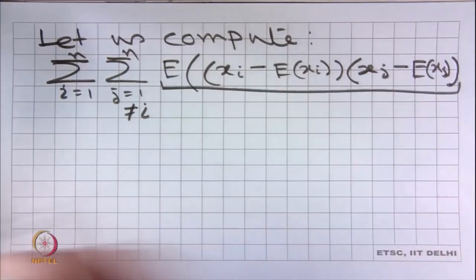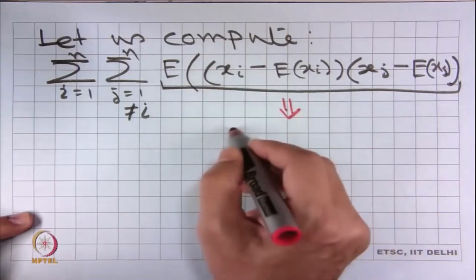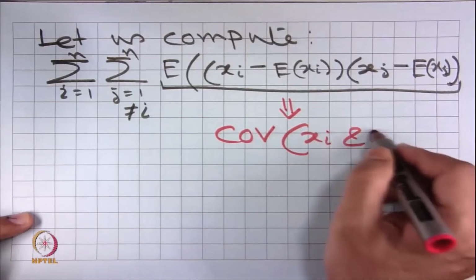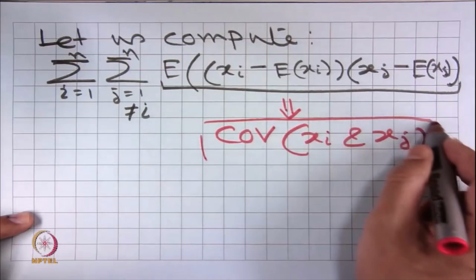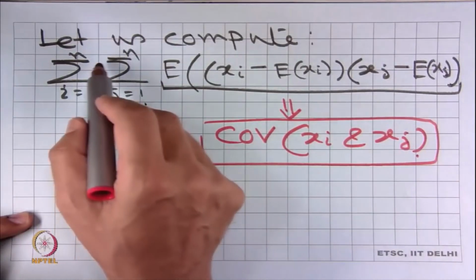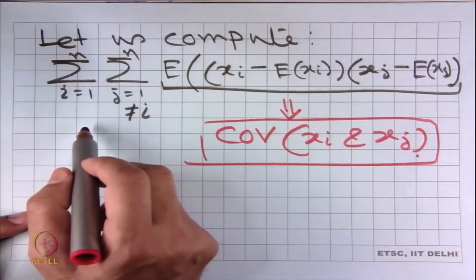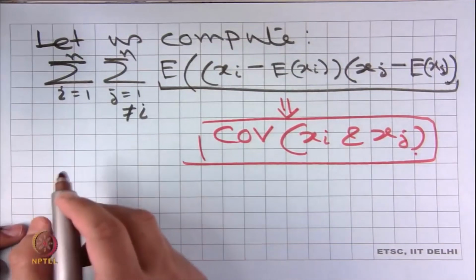Now, what is this term? This is nothing but the covariance between x i and x j. So, in effect, we are summing the covariance between x i and x j, and how many such pairs are possible?